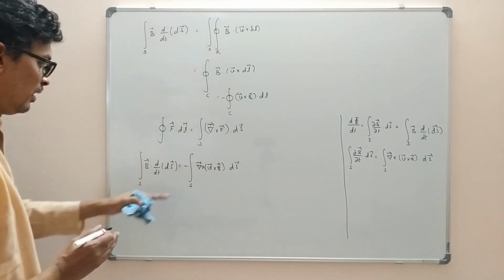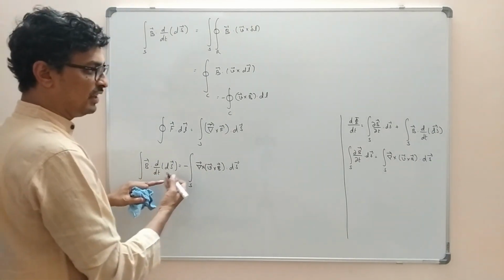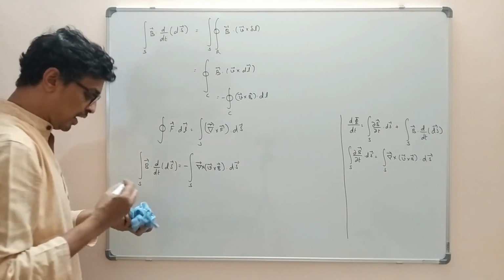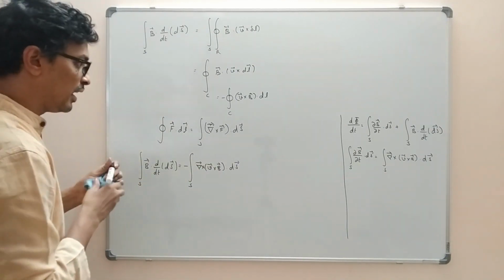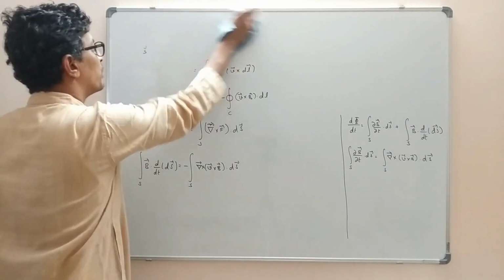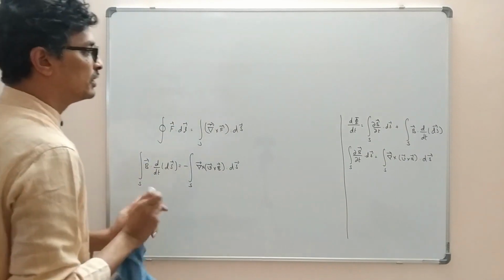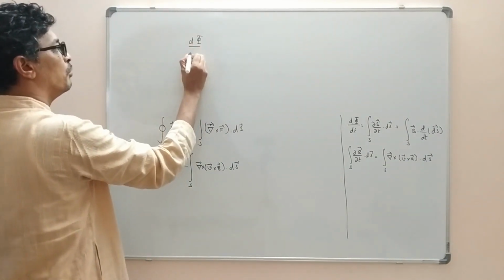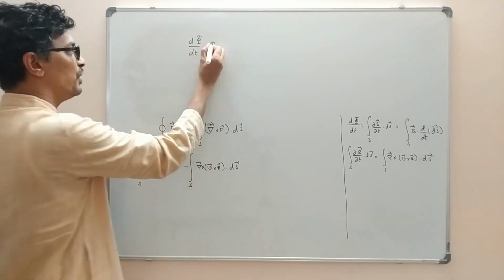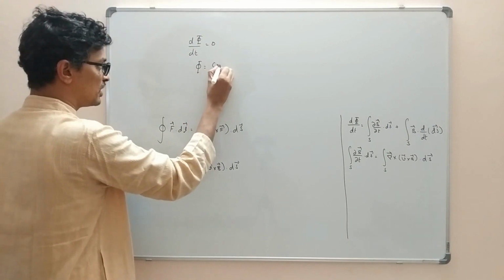And you can see this plus this is nothing but 0, because they both have opposite signs. So therefore what we get is our answer: d phi by dt is equal to 0, or phi equals constant.